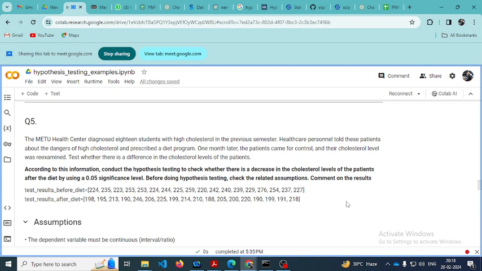Please go through the next problem, and based on this problem statement, you can formulate your hypothesis.